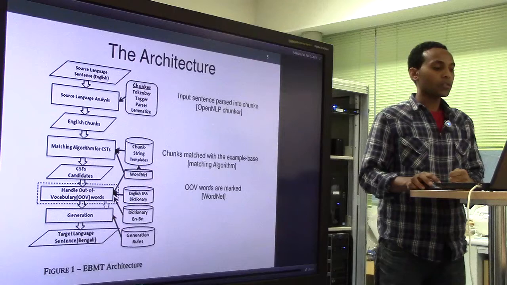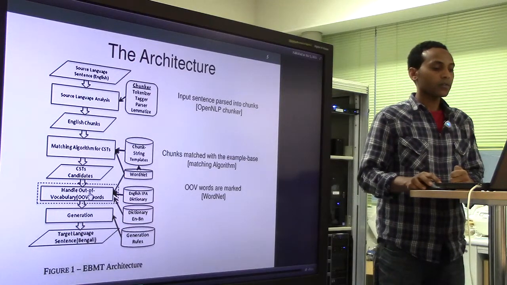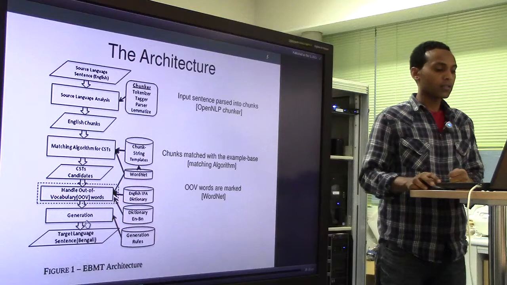In case there are out of vocabulary words in these candidates, WordNet is used to find out candidate words for these chunks. Then the candidates are generated, and by using a bilingual dictionary, they come up with the target language sentences.